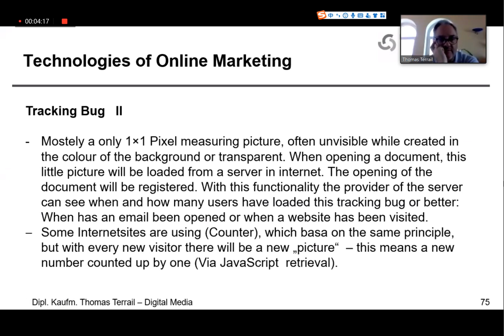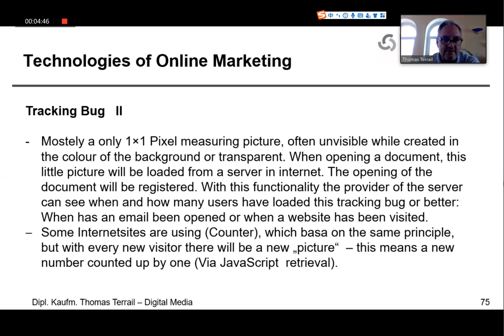What is that? It's mostly only a 1-by-1 pixel measuring picture, and so it's often invisible. If the background is white, this picture is also white, but there's a functionality behind it. It's often invisible while created in the color of the background or transparent. When opening a document, this little picture will be loaded from a server on the internet.